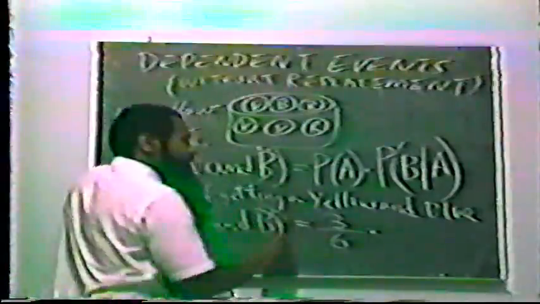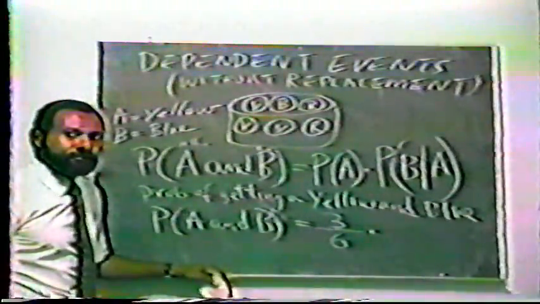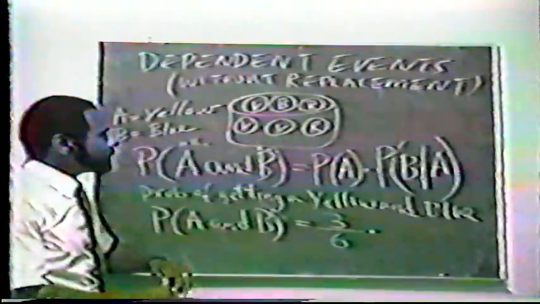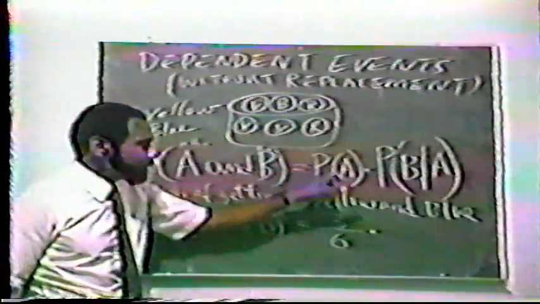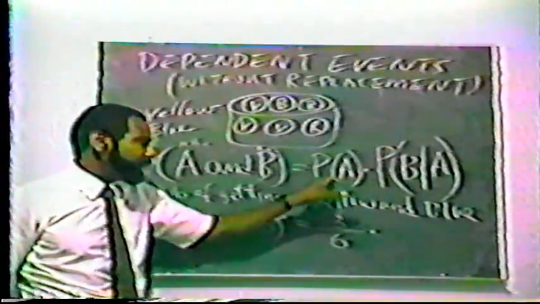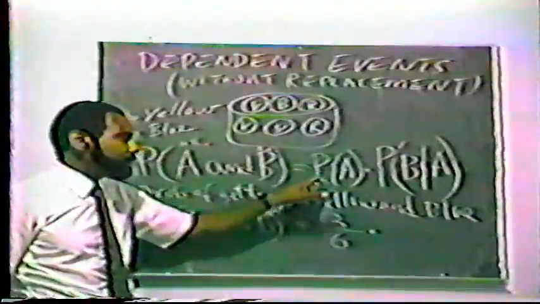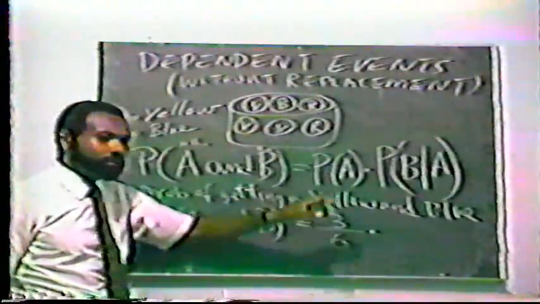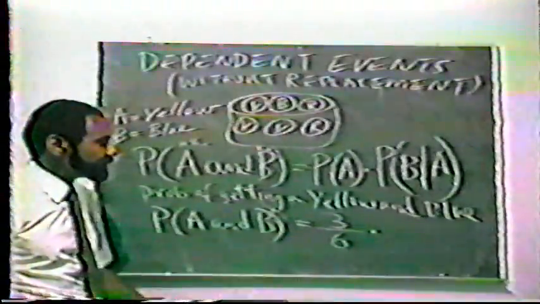That's the simple probability of A, 3 over 6. We just look at the situation the way it is in the beginning to get this simple probability of A. Nothing has happened here. We're just looking at the probability of getting a yellow ball in a single trial, and that would be 3 over 6.